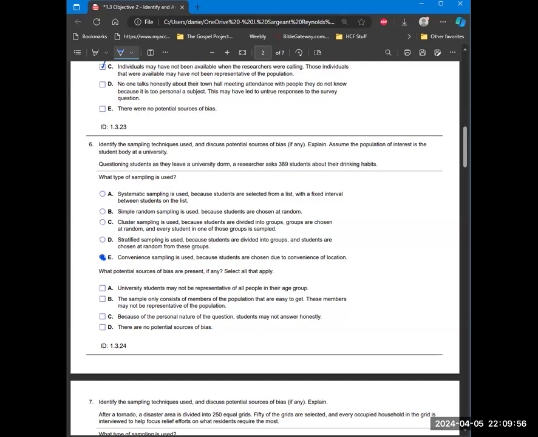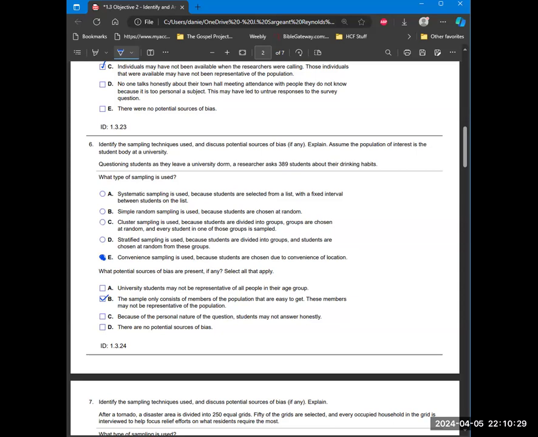And potential sources of bias that are present, if any. B, the sample only consists of members of the population that are easy to get. These members may not be representative of the population. I'd also say in this situation, there are probably university students that live off campus, and by asking only people that live in a dorm, you're missing that.